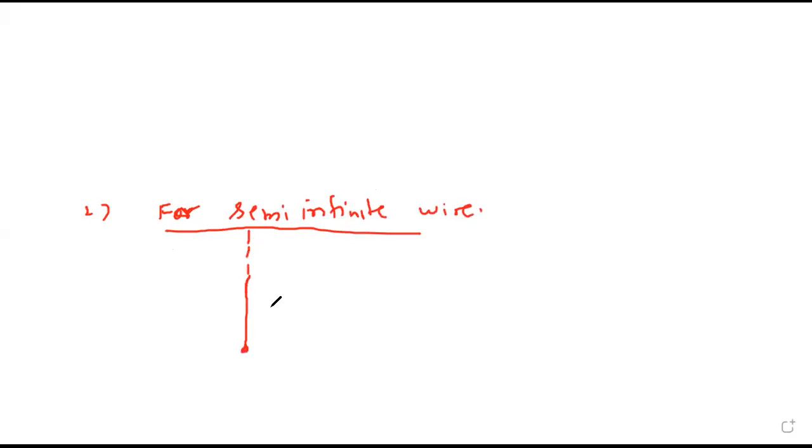Second, for semi infinite wire. Semi infinite means on one side it is fixed, the other side it is increasing.